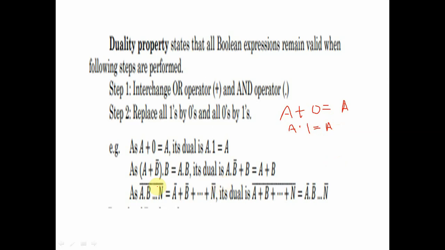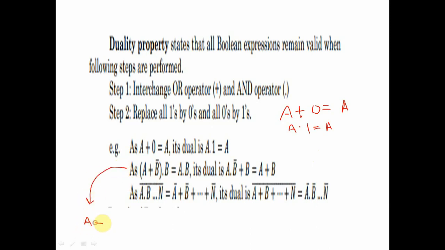This is the duality theorem. In the second example, in bracket A plus B bar after bracket B is equal to AB. Here apply the duality theorem. How to apply the duality theorem? This is the equation, and here I apply the duality theorem.